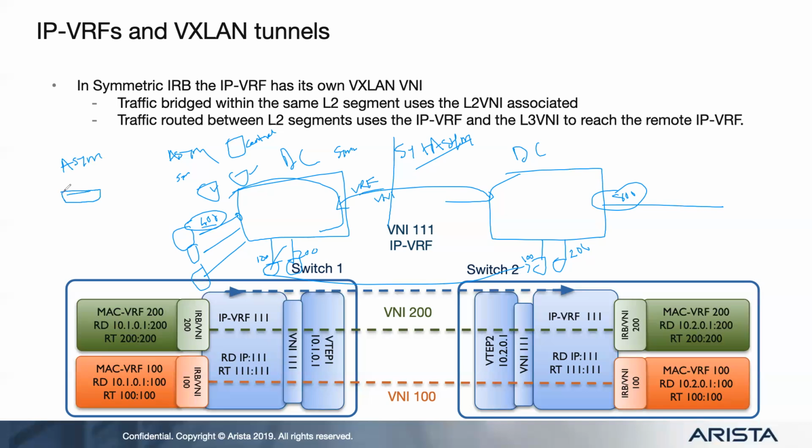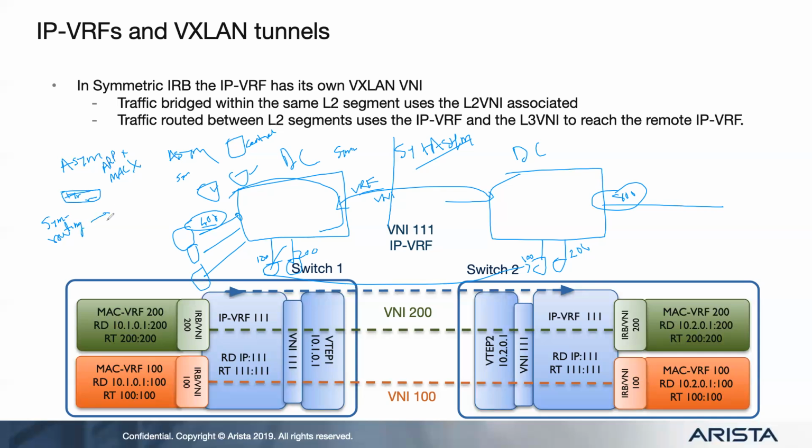There was no concept of type 5 route or routing, no update on the routing table. It was just updating the ARP and MAC table. In symmetric, there is an update in the routing table, and no update in ARP and MAC, because it's all routing. So we update the routing table.